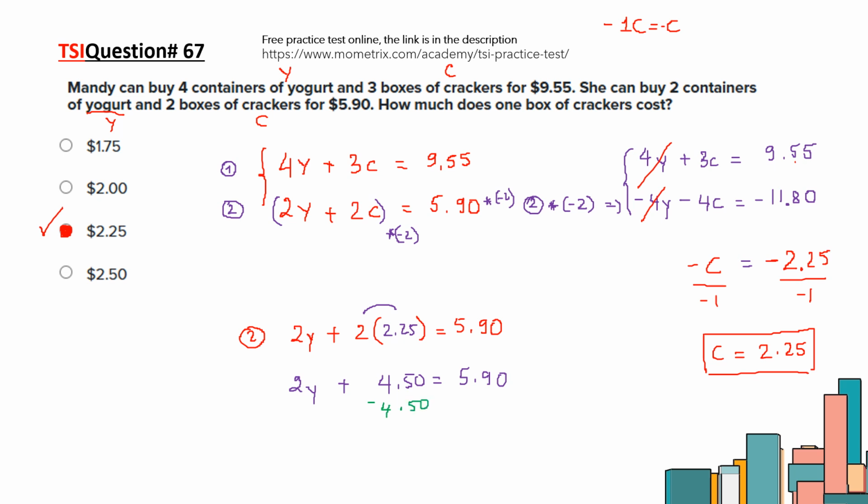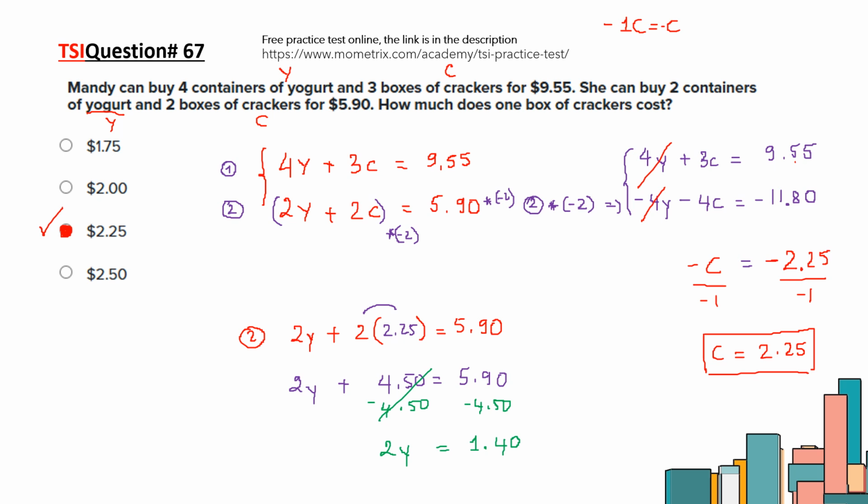Now this one is gone. Now we have 2y equals 9 minus 5 is 4, 5 minus 4 is 1. So two containers of yogurt will be $1.40.